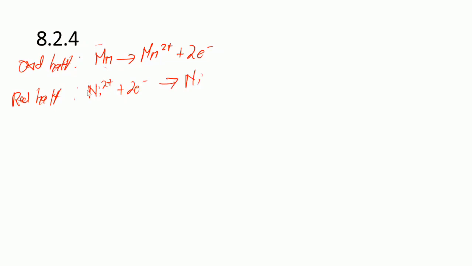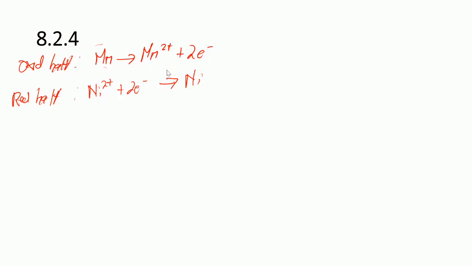On the left-hand side this was 2+, it gained 2 electrons, and it became nickel. From an oxidation number of 2 to 0, that's a decrease in oxidation number, indicating reduction. Remember, when the oxidation number decreases, it indicates a gain of electrons, so do not confuse it.